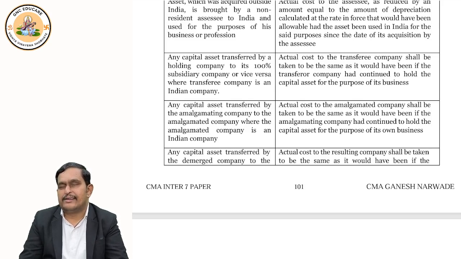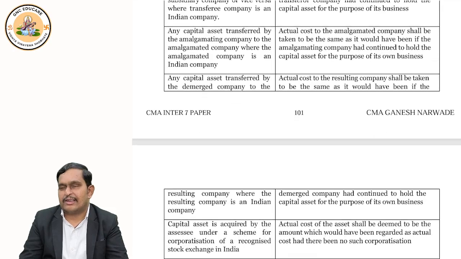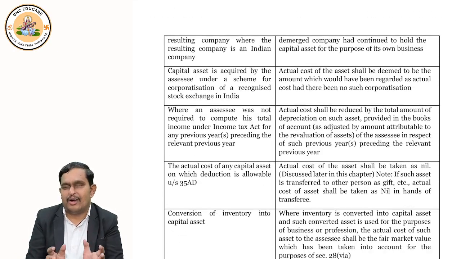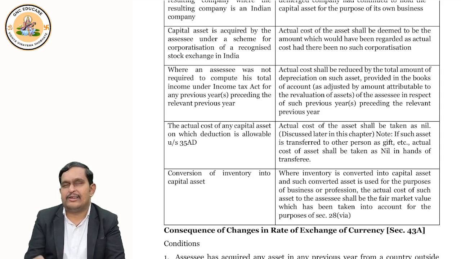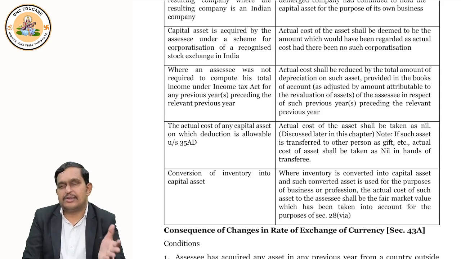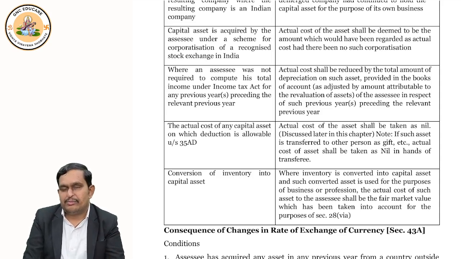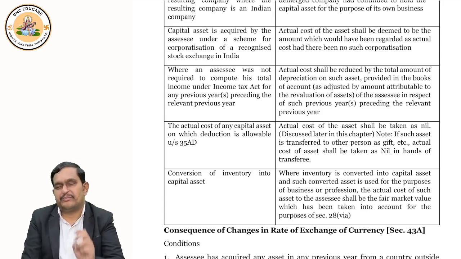Now, the next point is corporatization of the stock exchange. In earlier times, a stock exchange was just an association of traders who wanted to buy and sell shares. That association of stock traders was converted into a company, or I can say a corporate form. In that case, whatever assets belonged to the association were transferred to the company.